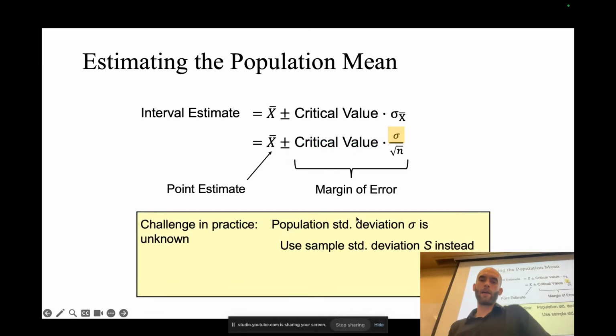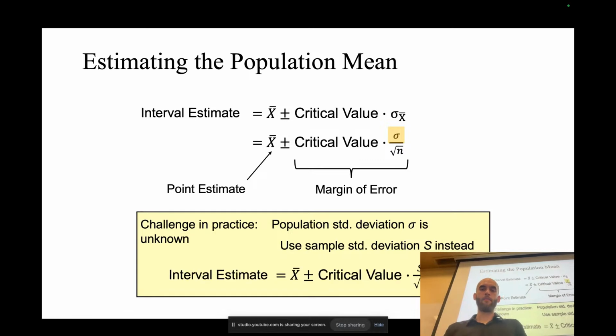Okay, so if we knew the standard deviation of the population, like we've talked about, we could use that. But in practice, we use the standard deviation of the sample, our S. So the way we actually construct this confidence interval is we use the x bar, which is known to us, the mean of the sample, plus or minus the critical value, so whatever level of confidence we're looking for.